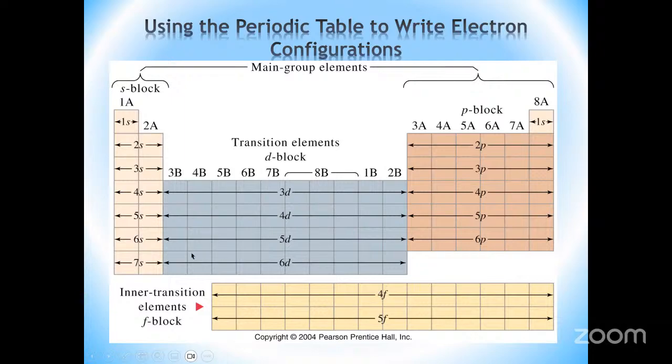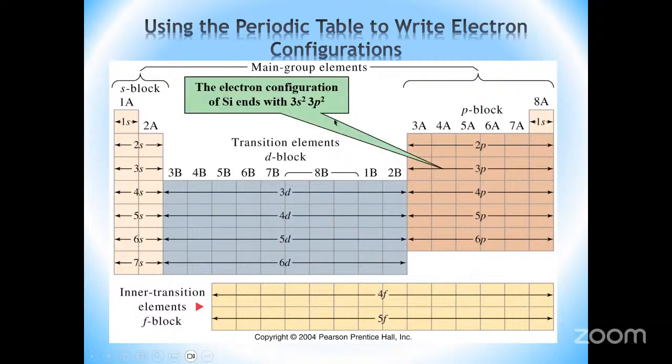And then in this region here, where as you go from one atom to the next, an electron is added to a d orbital, then we say that this is a d block region. And then here, where electrons are being added to an f orbital, we say that these elements are f block elements, all right? So those are just some of the broad categories of elements in the periodic table based on their similarities in their electron configuration.